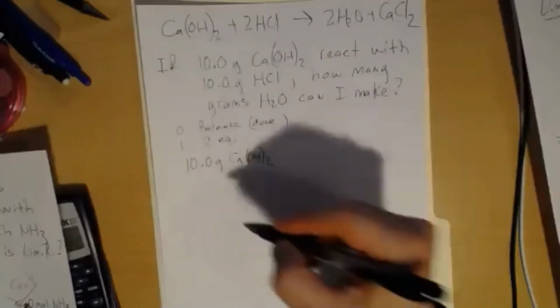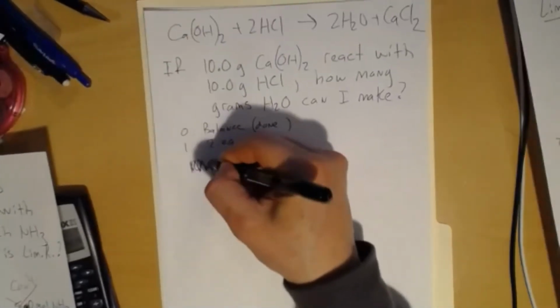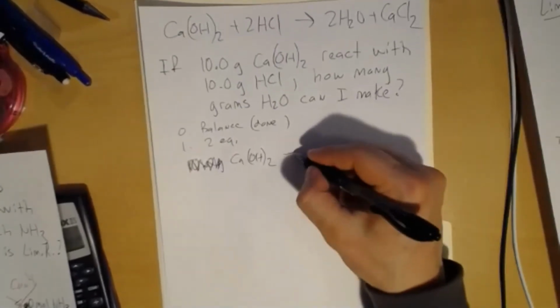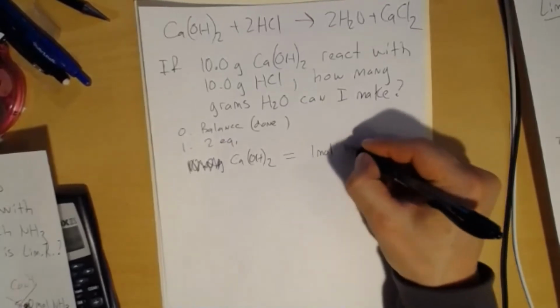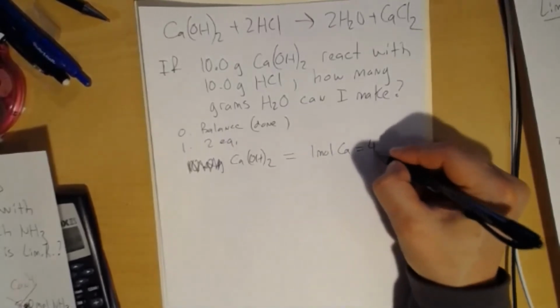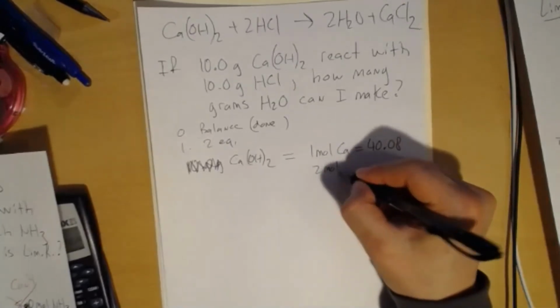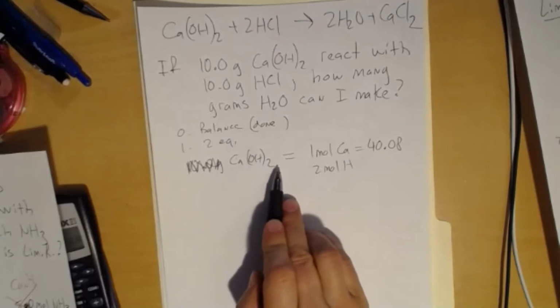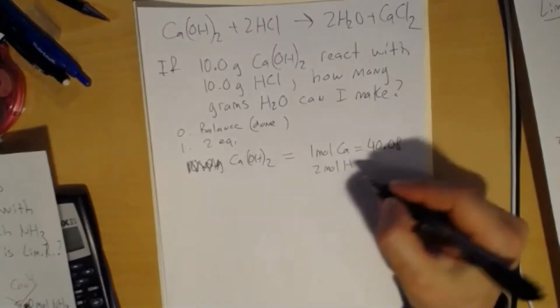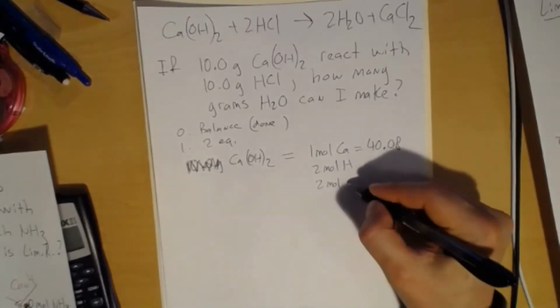Let's do that. Okay, let's find calcium hydroxide. So calcium hydroxide has 1 mole of calcium, which I think is 40.08, and 2 moles of hydrogen. Is that right? Because the 2 distributes, yeah? And 2 moles of oxygen.